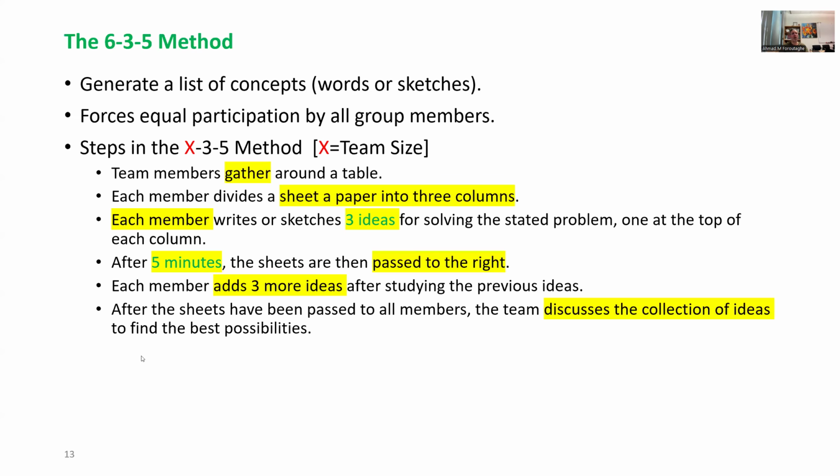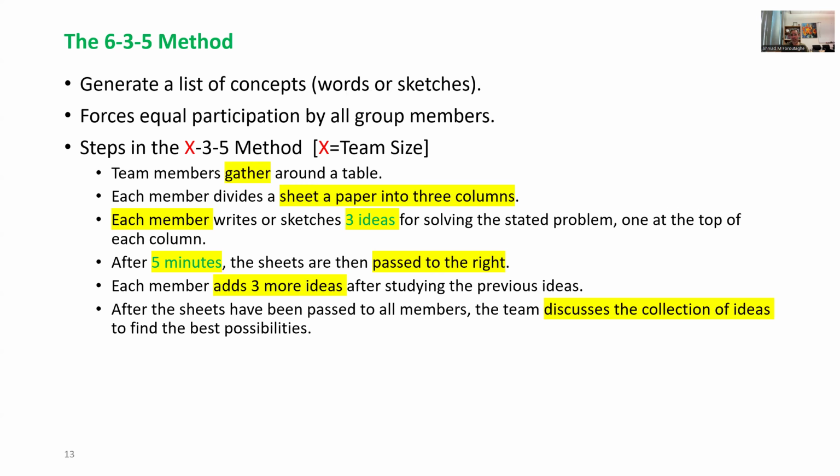How does it work? Well, the team members gather around the table, and each member is going to have a sheet of paper, and you draw 3 columns on it. Then each member is going to come up with 3 ideas, which they either write or draw as a quick sketch on the top.